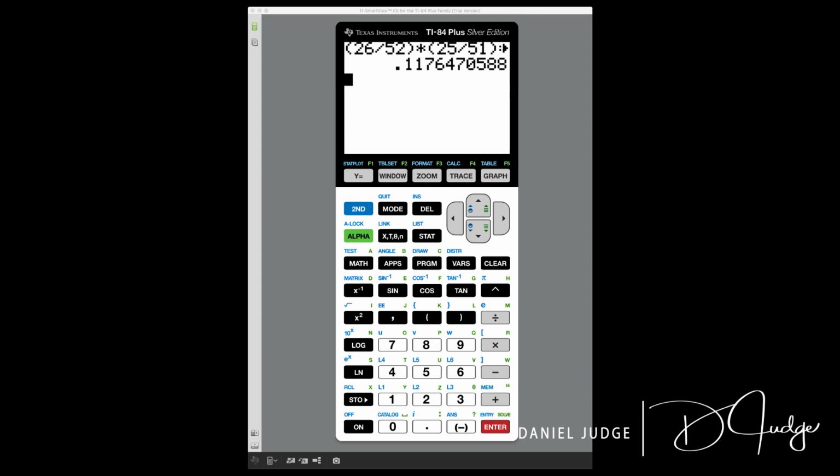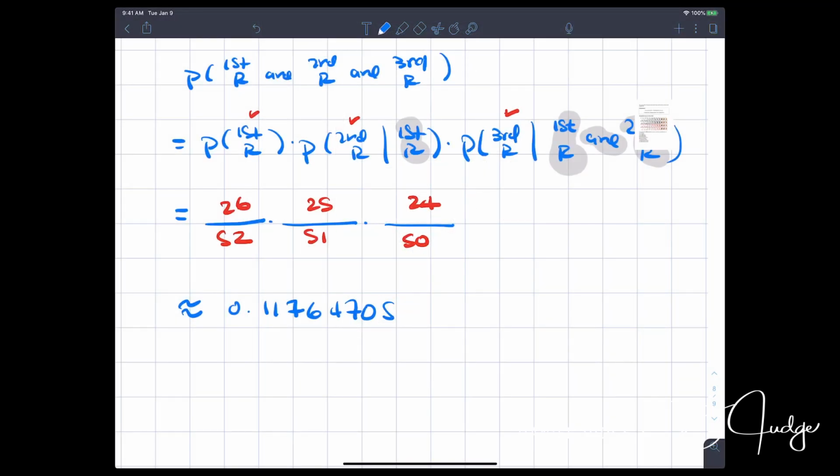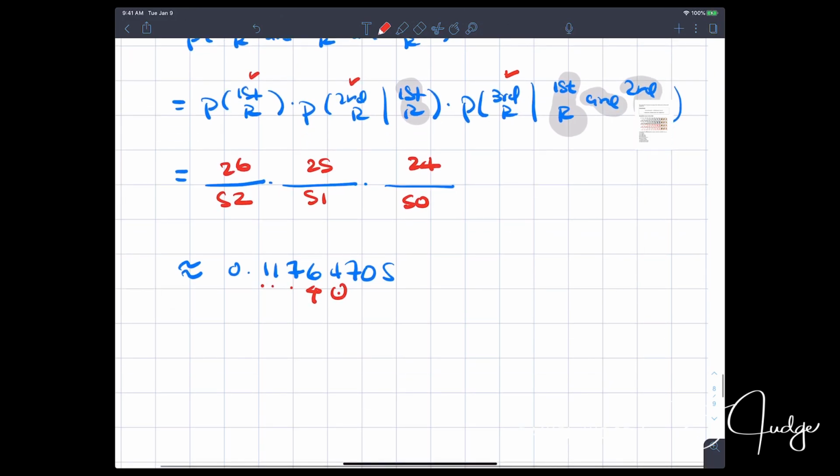Let's take a look. Remember, we're going to approximate to the 10,000s again. So let's find the digit in the 10,000s position. Tenths, 100,000, 10,000. Look at the digit to the right, which is a 4. What does that mean I do? Do I add 1 to 6 or do I leave it alone?